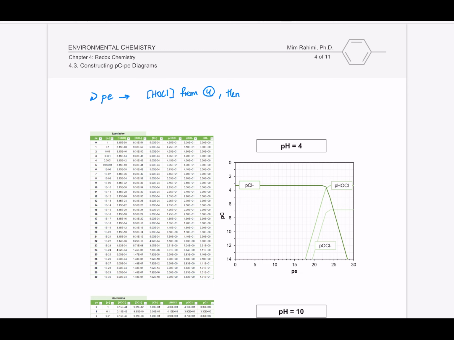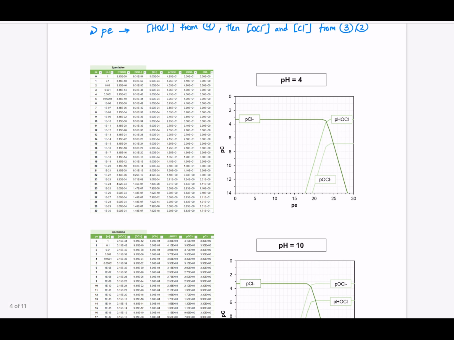Then OCl minus and Cl minus from 3 and 2. And as I mentioned, this is basically pH dependent.